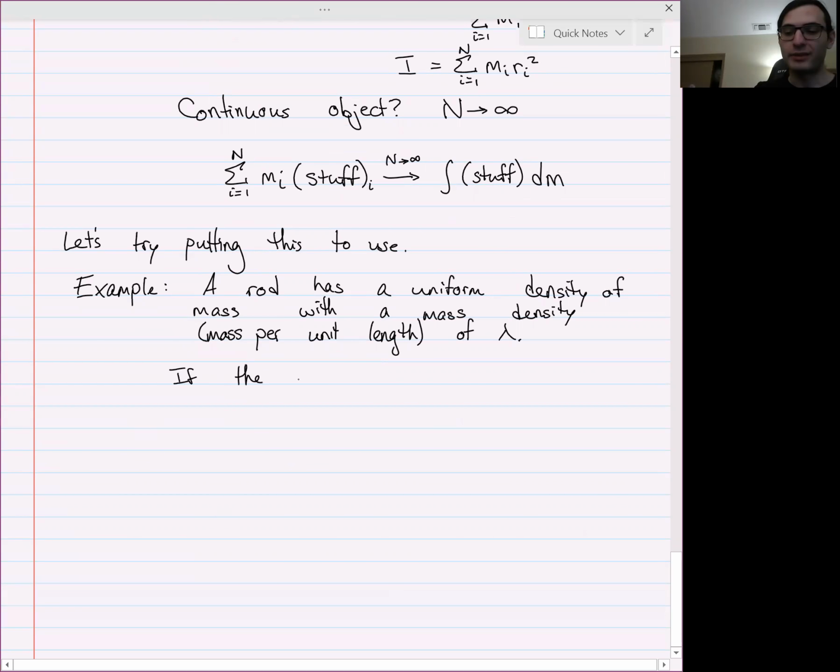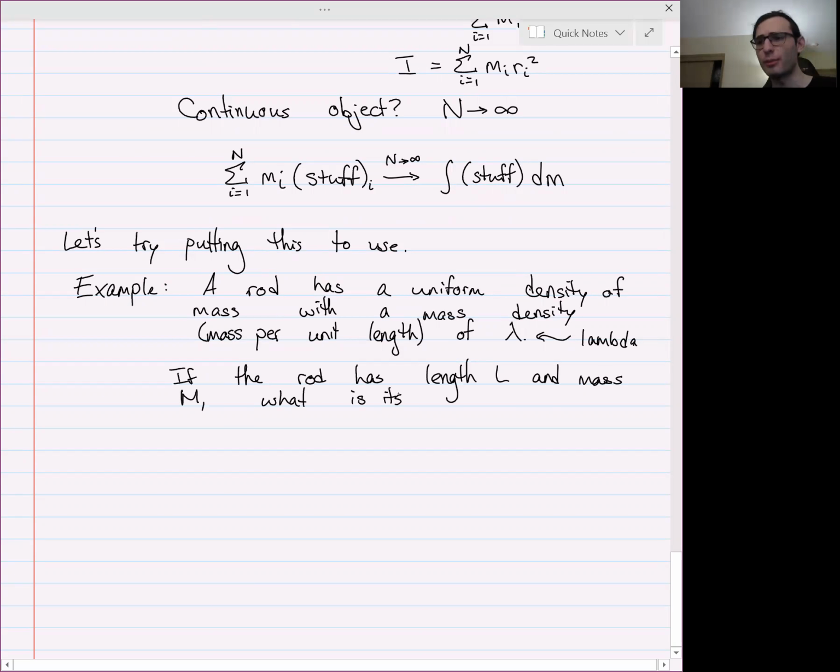If the rod has length L, capital L, by the way, this is the Greek letter lambda. It's like a lamb and then da. If it has mass M, we can at least ask the question, what is its mass density?